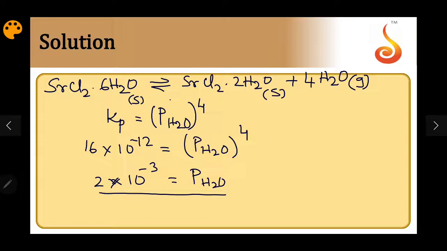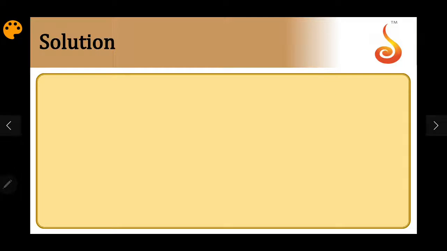Now in the air, 1 liter of air, what is the pressure of the water, we have to find out. This is in atmosphere. So this is the first part. So go to the second part. It is given as 7.6 torr.